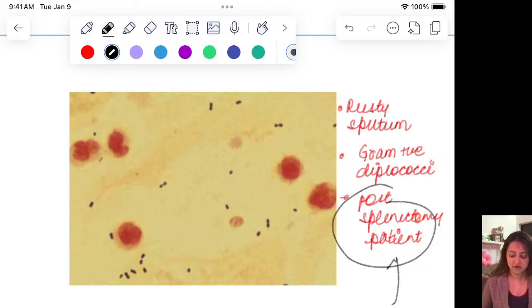This is a very important hint that's given to you. They have also given you a hint: gram-positive diplococci. What is the diagnosis here? Our goal is to pick up the keywords from the question and ultimately arrive at a diagnosis quickly.